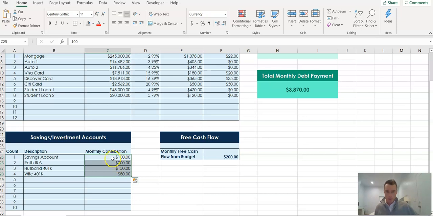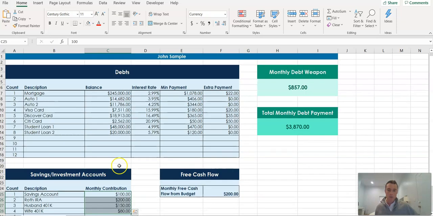Again, because we know these are going to go further, we're going to get a bigger bang for our buck putting these towards paying down our debts than investing them. We're going to redirect these dollars towards our debts, so that's included in this debt weapon calculation. In addition, we're going to look at all the extra payments we're making on our existing debts. In total, they're making $127 a month worth of extra payments.